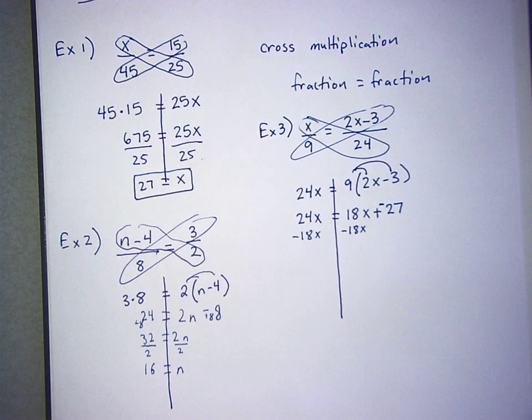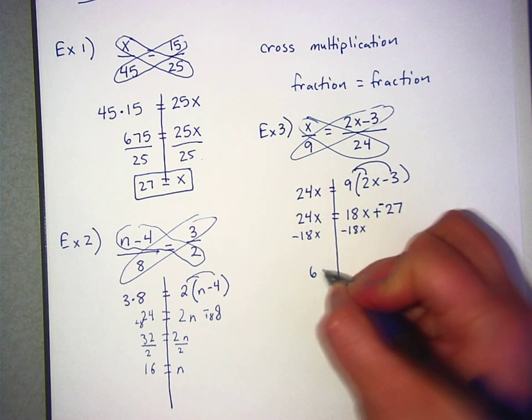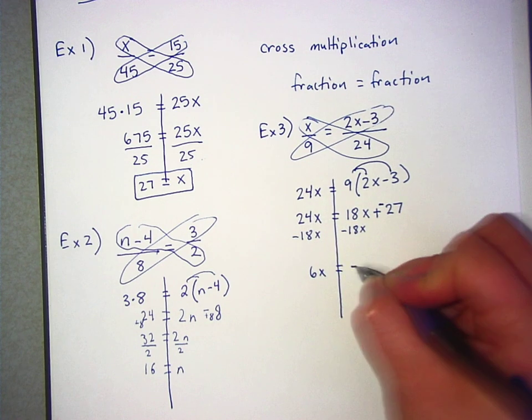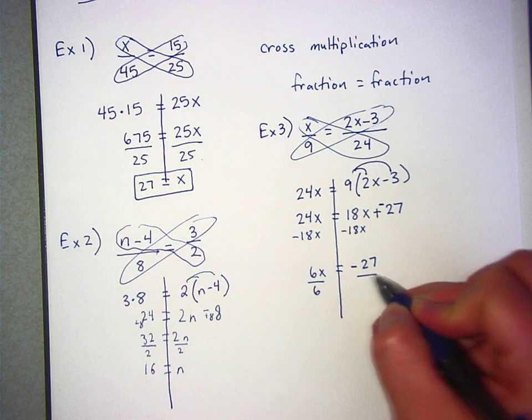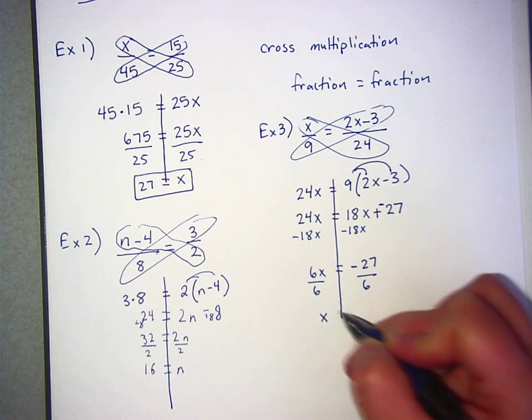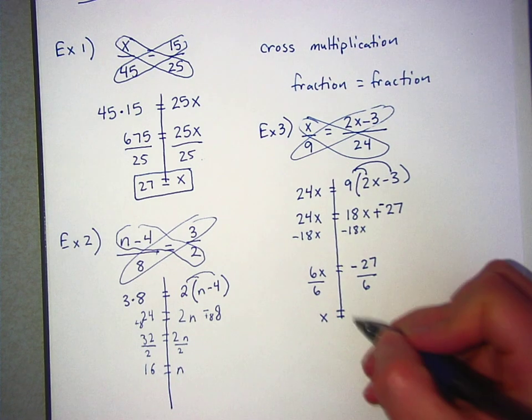You could do that. That would still work. It would just be more steps. 24 minus 18 is 6x equals negative 27. Divide by 6, divide by 6. Throw that in your calculator. Negative 4.5, yes.